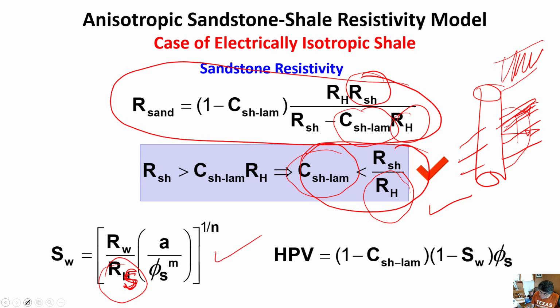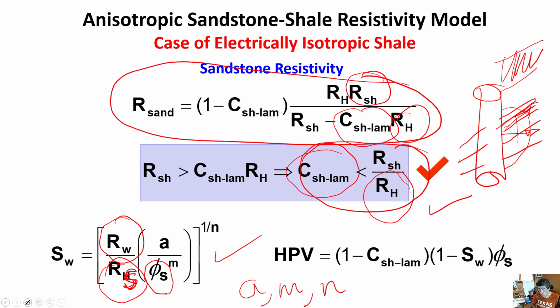So let's say that you know the Archie's parameters, the A, the M, and the N, all three. And you know the electrical resistivity of the formation water. Then, because we previously calculated the sandstone porosity, now we can use this equation, making the assumption that the intralayers of sandstone do not have any grain coating clay, they're clean, so we can apply this equation.